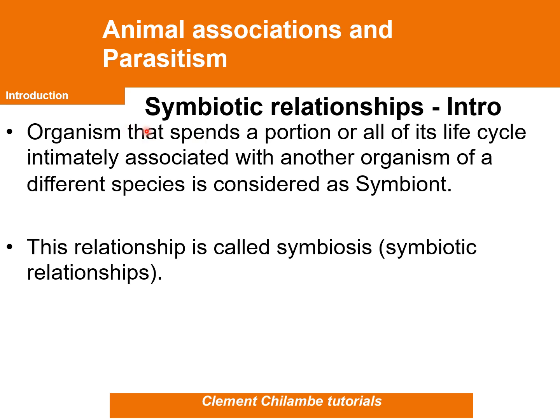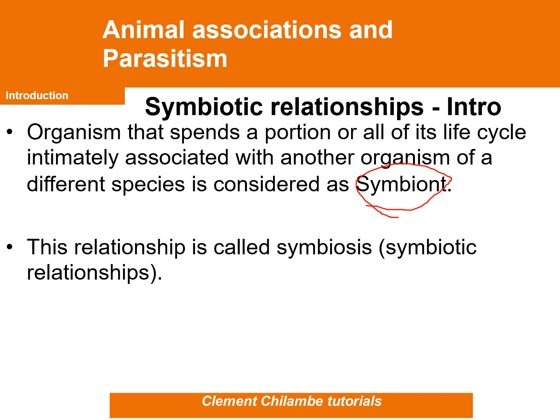It's important then that we discuss the symbiotic relationships. An organism that spends a portion or all of its life cycle intimately associated with another organism of a different species is considered a symbiont, from the word symbiosis. Let me just change the pen. I would love to highlight this. So that organism is referred to as a symbiont.